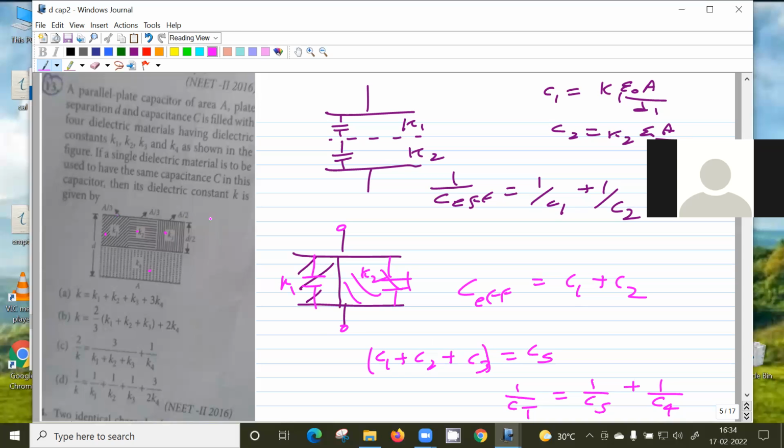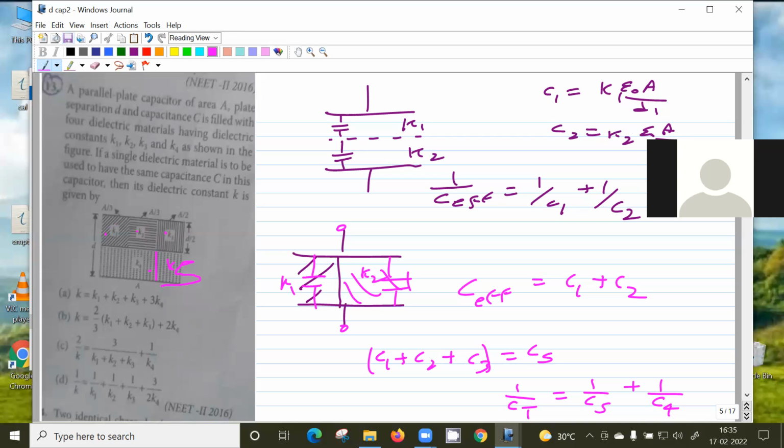You try it, and I'll tell you next time if you don't get it. This is a standard question only. If I split like this and call this K5, what you have to do is combine these three in parallel, then K4 and K5 in parallel.